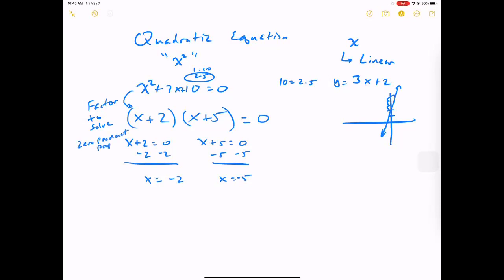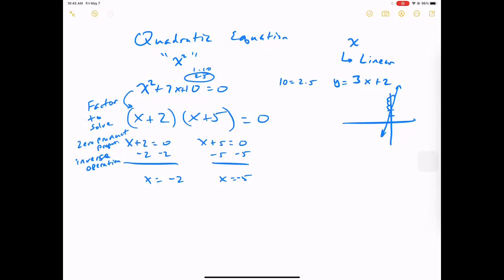We made them both equal to 0 because we said if you're 0 or you're 0, we're winner winner, chicken dinner. And the last step was we did the inverse operations. We undid the plus 2 to get a minus 2 so we can solve for x.